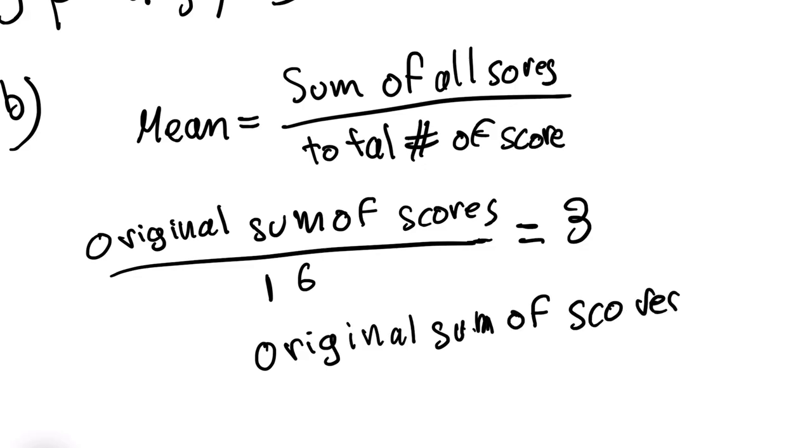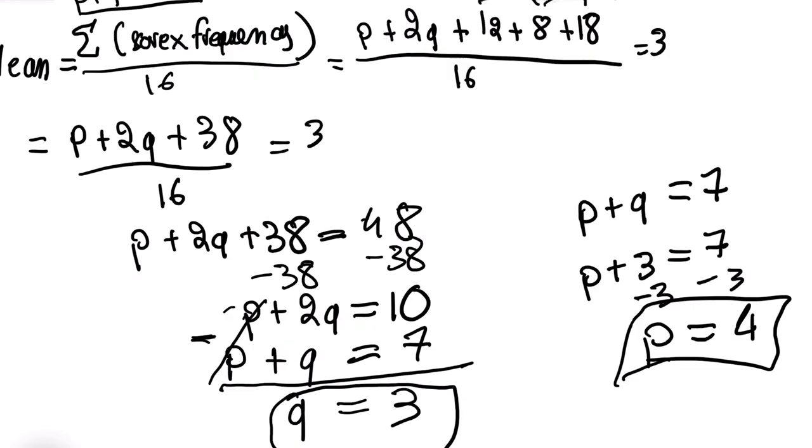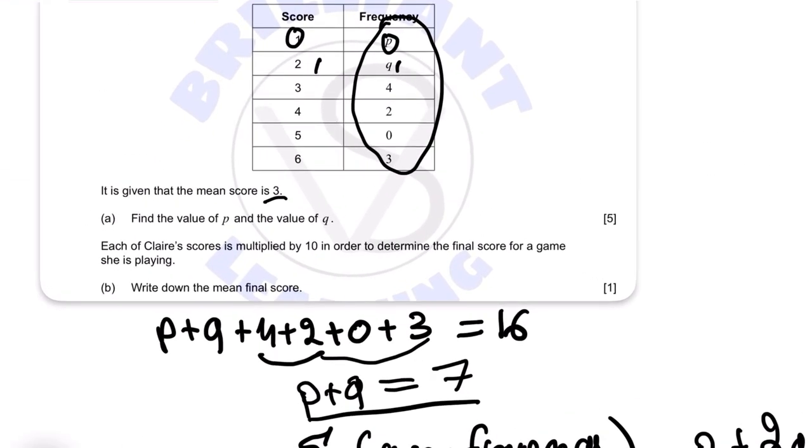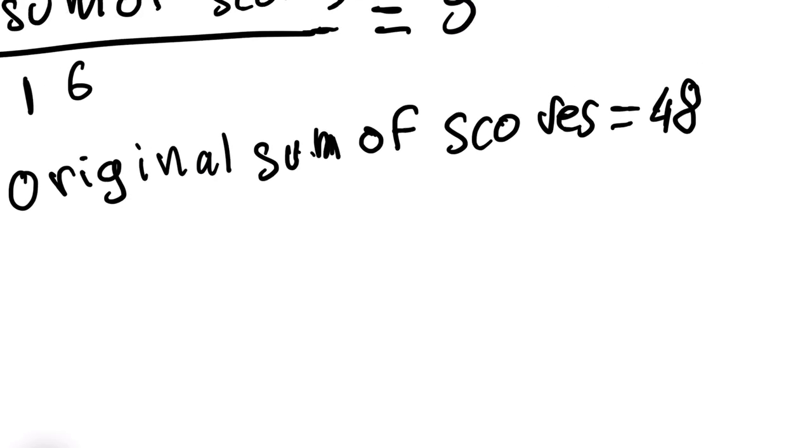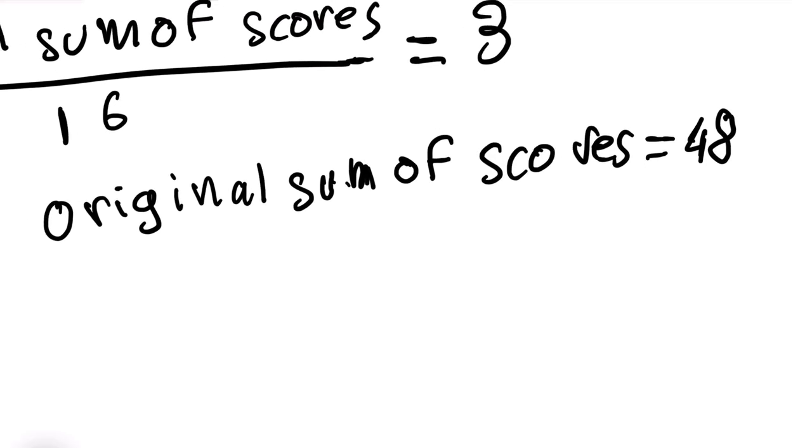The original sum of scores is equal to 48. So the sum of all of Claire's scores before multiplying by 10 is 48. Why multiplying by 10? Because we're told that each of Claire's scores is multiplied by 10 in order to determine the final score for a game she's playing. So what happens when we multiply each score by 10?